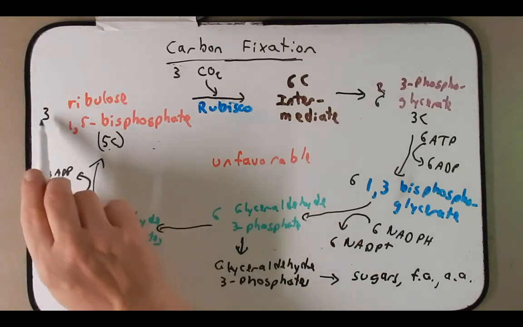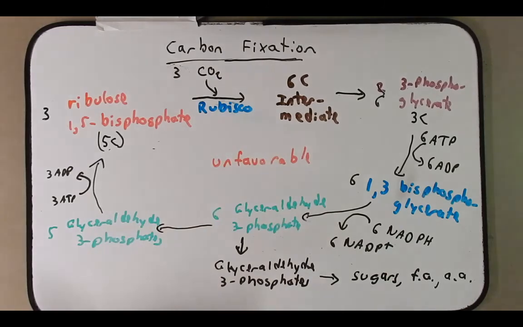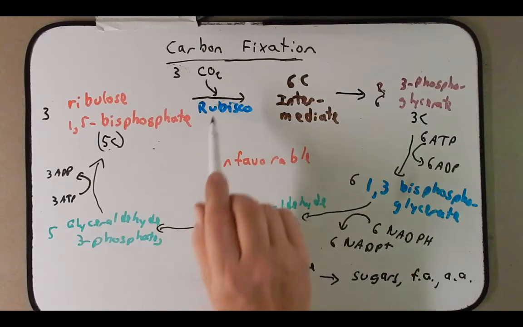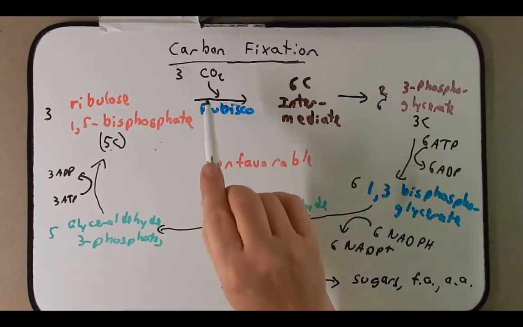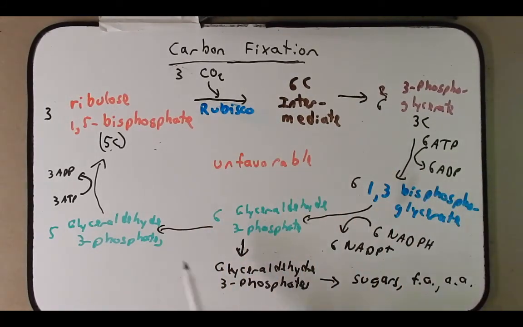And here we're going to end up with 3 5-carbon molecules. So it's just a reorganization of the bonds to regenerate this ribulose 1,5-bisphosphate. And as long as this is being regenerated, Rubisco can act upon it to fix the carbon and continue the cycle over and over again, and thereby making this whole reaction a favorable reaction.